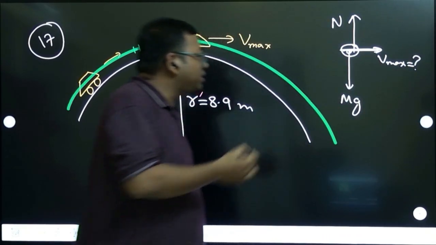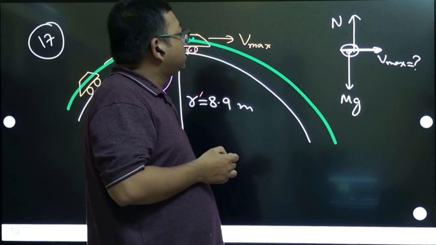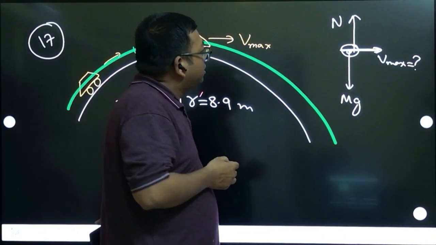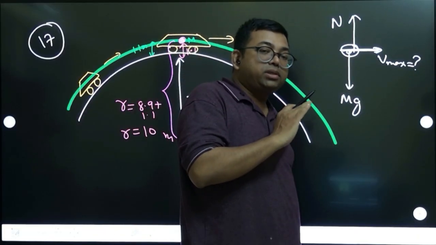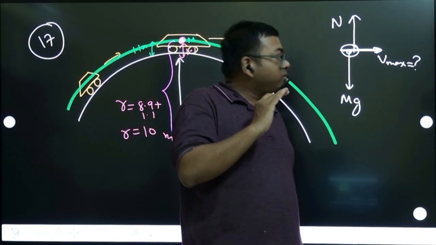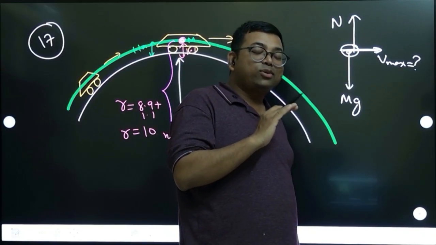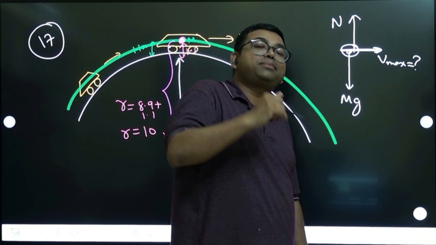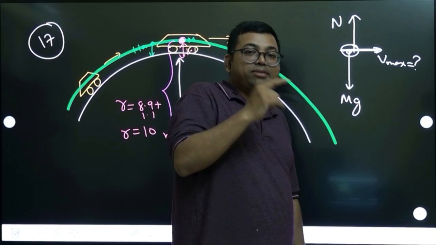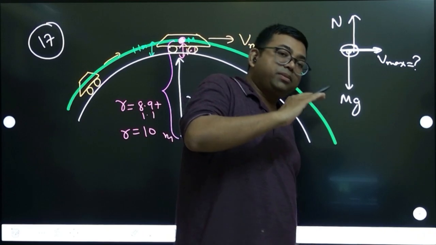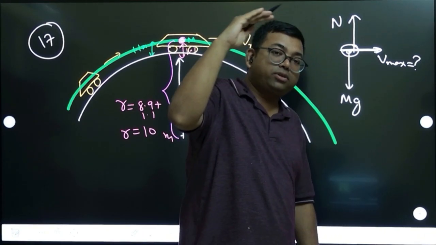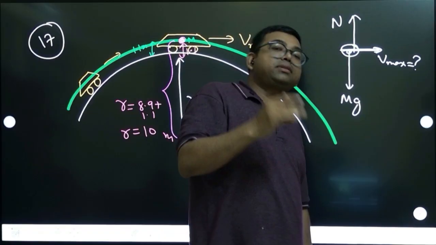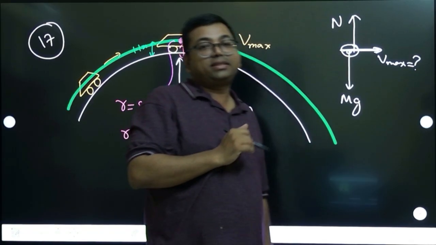Now see, there is a very important trick we can think about. Suppose it is going with a speed. Now it should be safe. It should not lose contact with the ground. That is the main idea, right? Maximum speed means it is going with a speed, but it should not lose contact with the road. If it loses contact, then it is gone, right? Accident will happen.